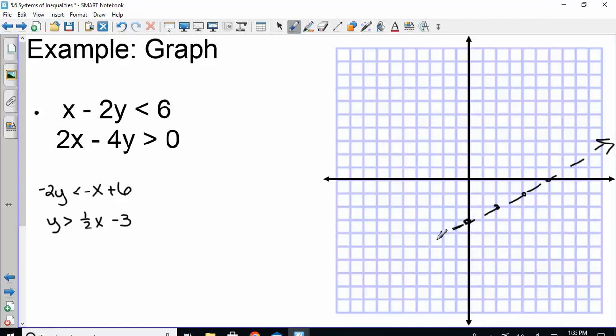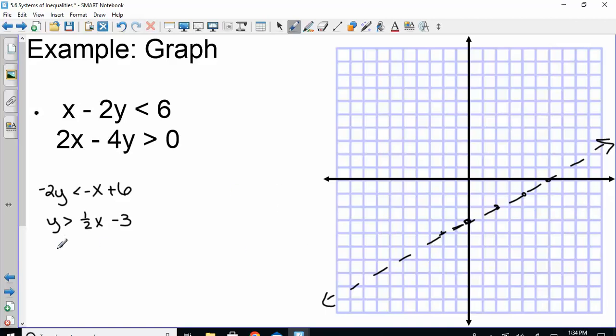So for the shading, you can continue to pick test points, and a lot of people like to do that. I always try to point out as well, this says y is greater than. If it's greater than, you're going to shade above your line, less than shades below your line.